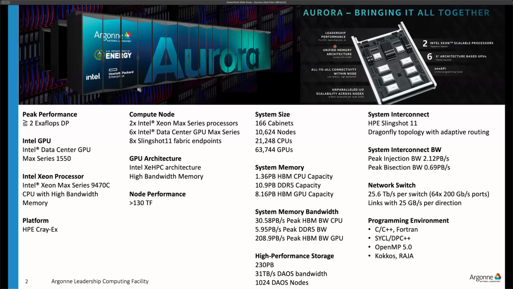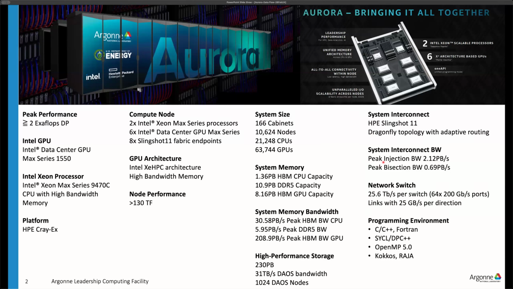Apart from that, some interesting things that we have is the DAOS storage system, which is an all-flash storage system with persistent memory. So that gives you quite a bit of robust I/O. We also boast one of the largest amounts of memory and the bandwidth that it provides in a system of this scale. For the network side, we use the Dragonfly Slingshot network with the Dragonfly topology.